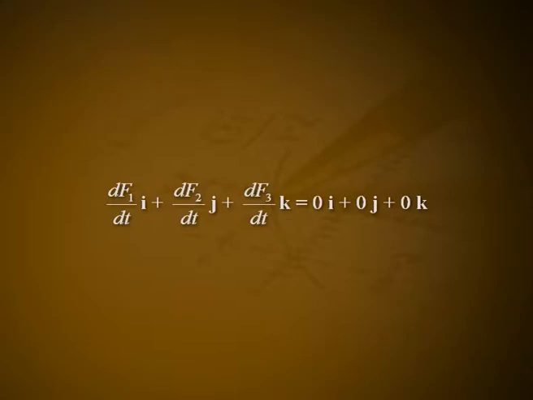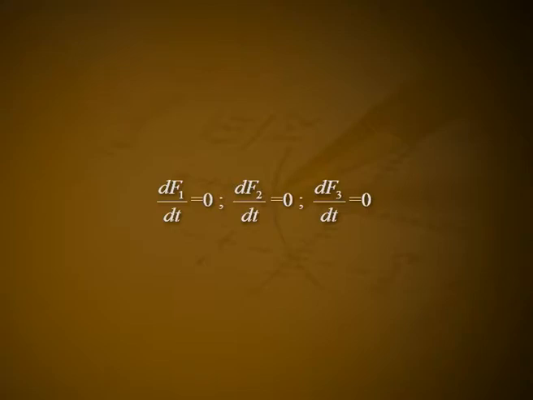Hence, using the assumption df/dt = 0, we have (df1/dt) i + (df2/dt) j + (df3/dt) k = 0i + 0j + 0k. Equating the coefficients, we get df1/dt = 0, df2/dt = 0, df3/dt = 0. This shows that f1, f2 and f3 are constants and hence they are independent of t. Therefore, f(t) is a constant vector.